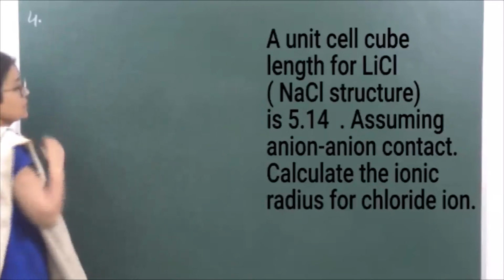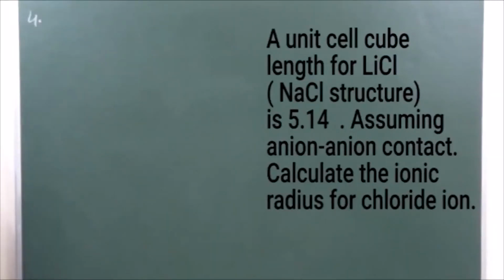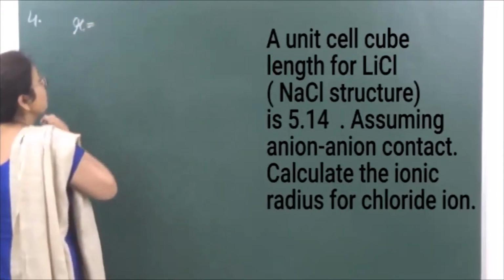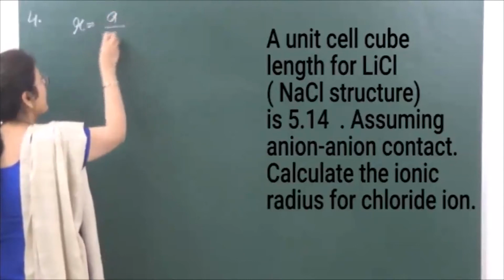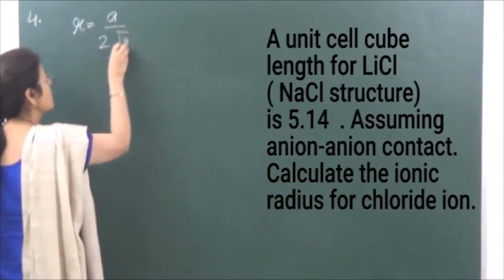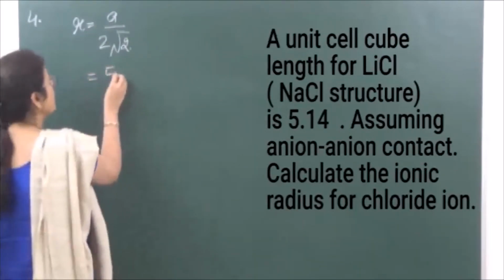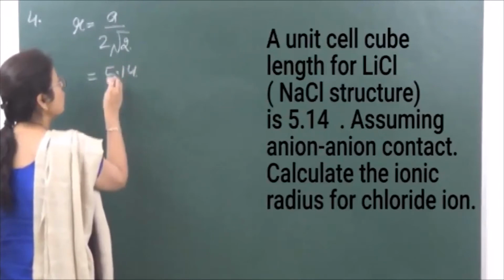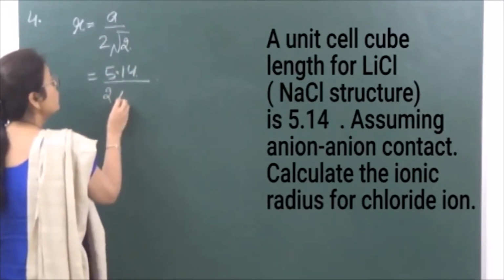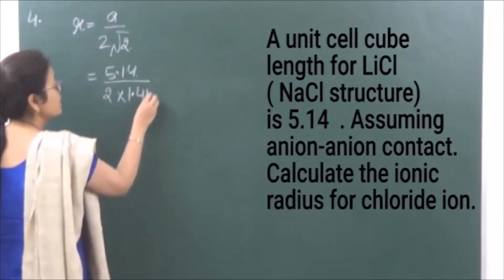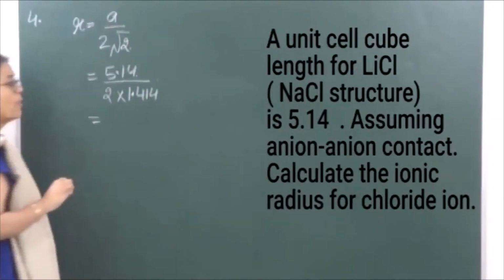So for FCC structure, what do we have to calculate? We have to calculate the radius. So the radius is going to be equal to what? For FCC, A by 2√2. Okay? Now A is given as 5.14 angstrom upon 2 into value of √2, which is 1.414.